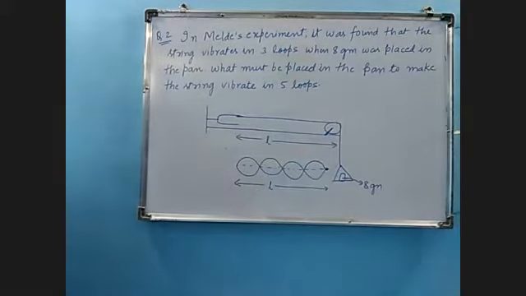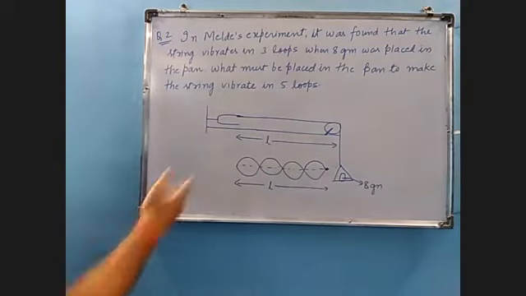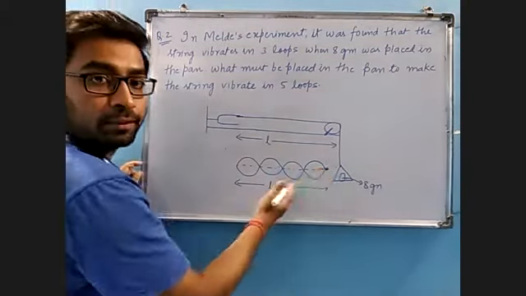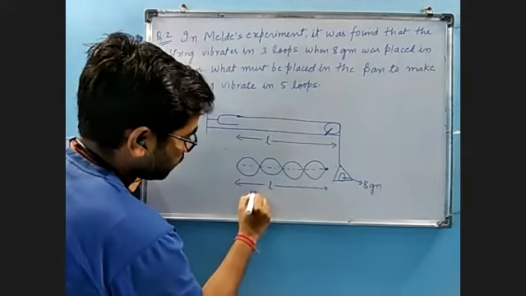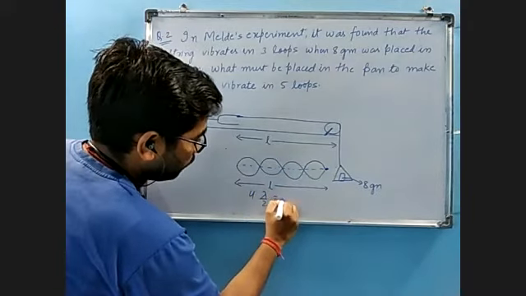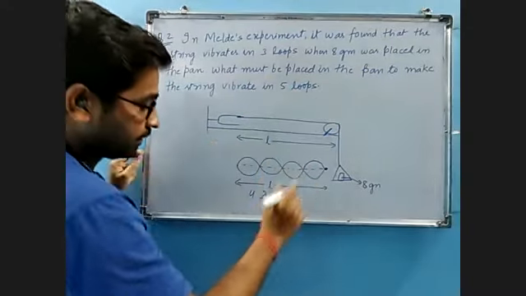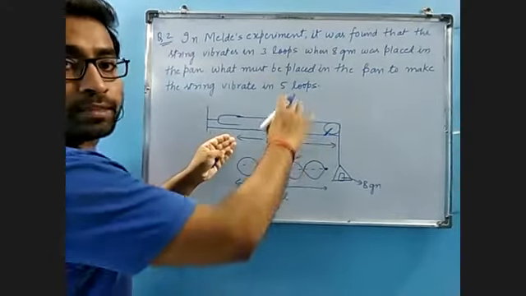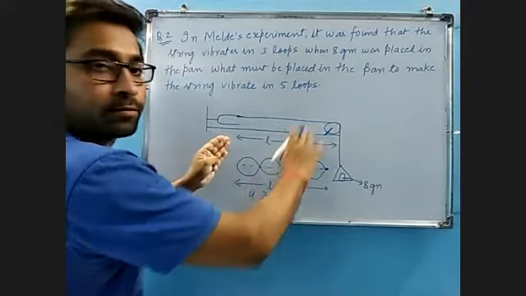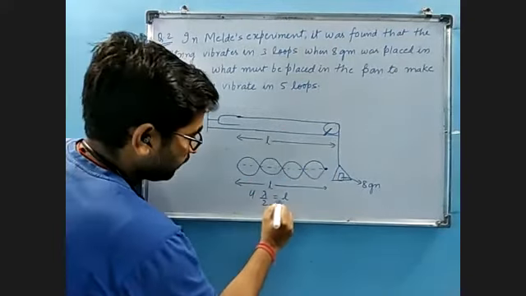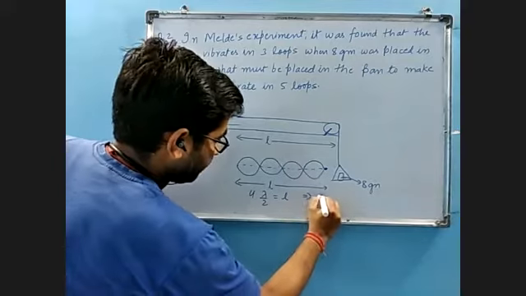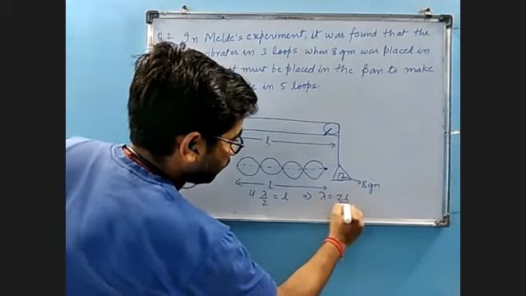Now, suppose this is making 4 loops. That means 4 times lambda by 2 will be equal to the length of the string which is forming a standing wave. This implies lambda will be equal to 2L upon 4.